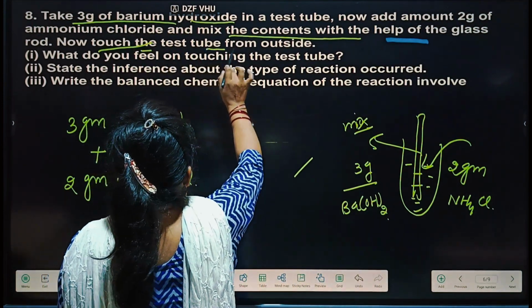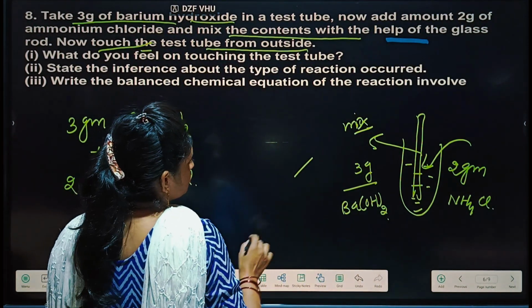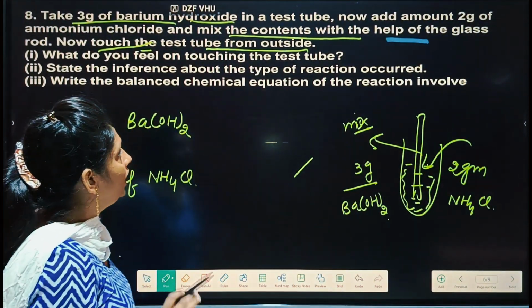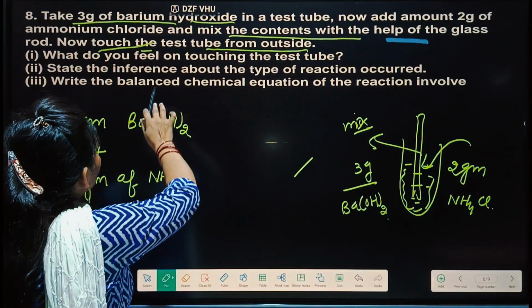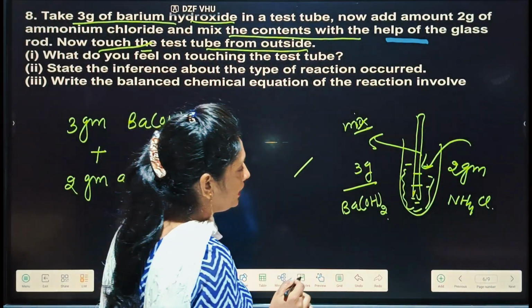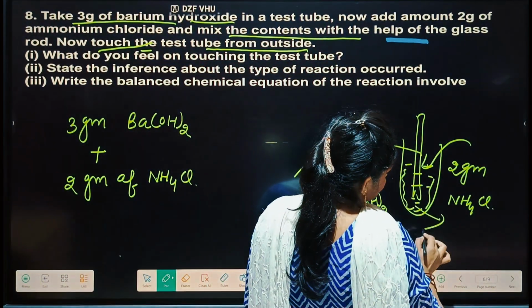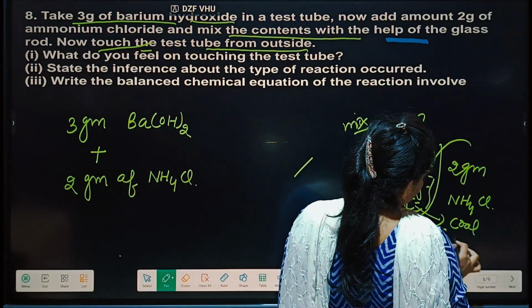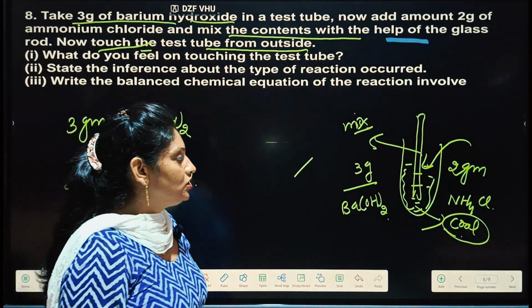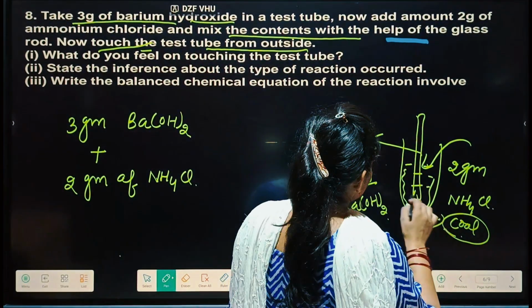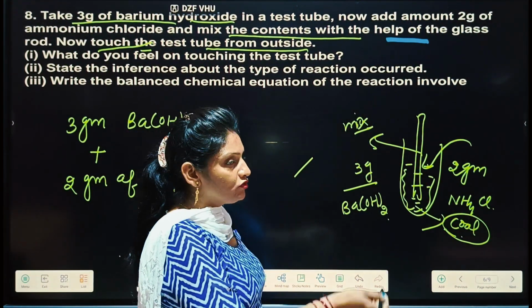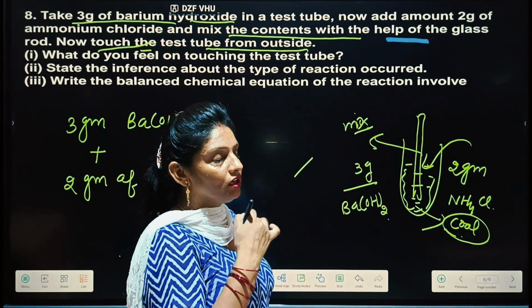Now touch the test tube from the outside. Students, what will happen? What do you feel on touching the test tube? You will feel that the test tube is cool. Why? Because it is an endothermic reaction, which means heat is absorbed during the reaction.